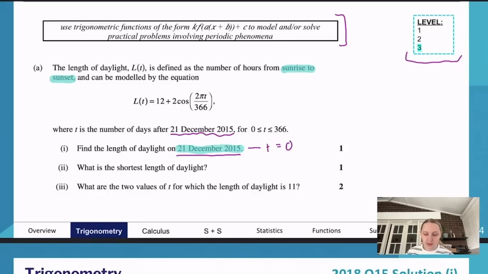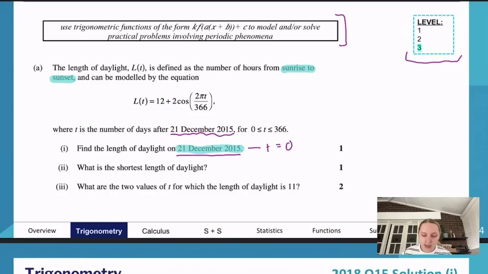So when we're looking at what the shortest length of daylight is, we're thinking about being between 1 and -1, right? When we're thinking about our shortest length of daylight impacting our amplitude, okay? So if we didn't have this 2 here, our amplitude, like how tall our graph's going up, how short it's going down, is just 1 to -1, just based on our basic cos graph, right?